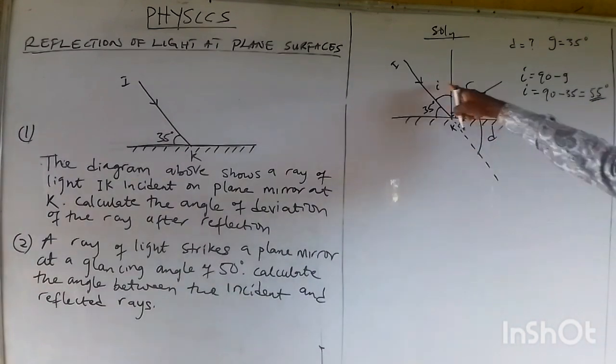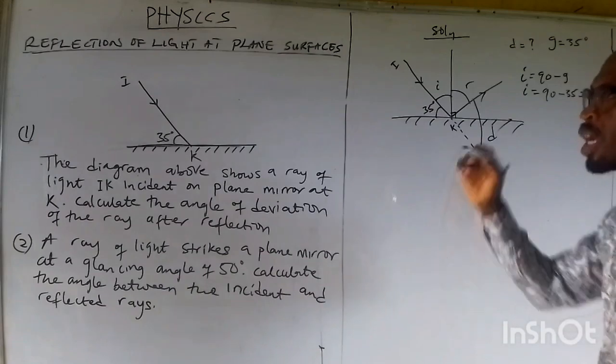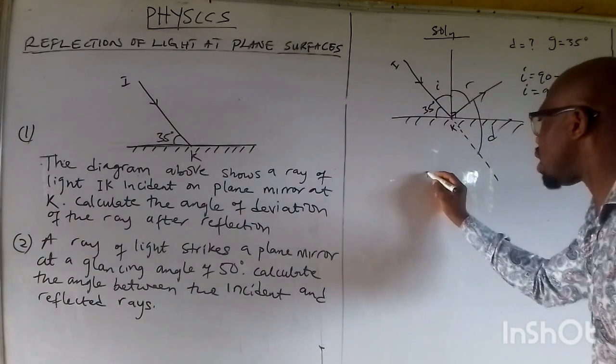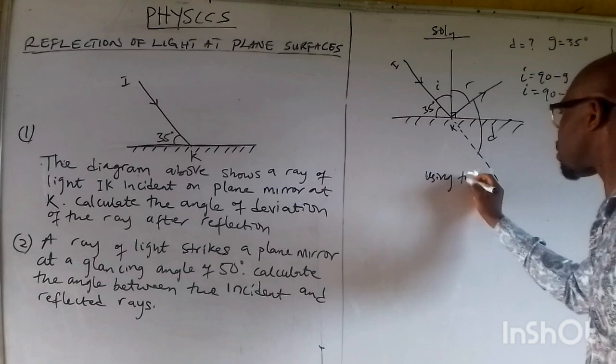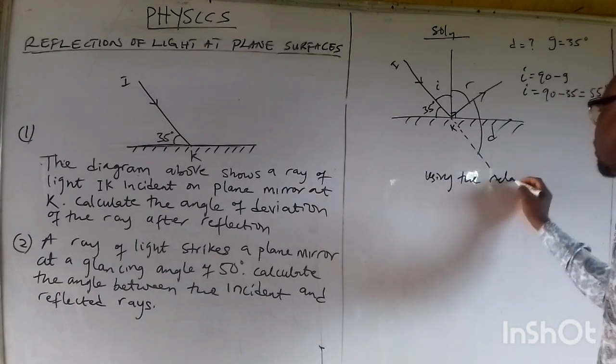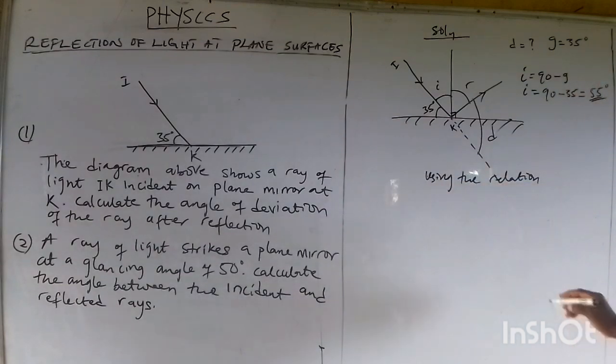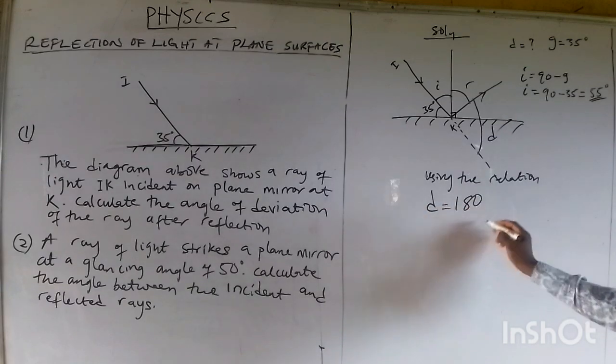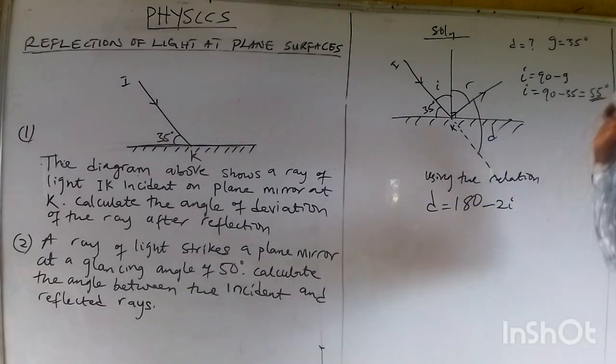Now, I is 55. We can now use the relation that says D equals 180 minus 2I.